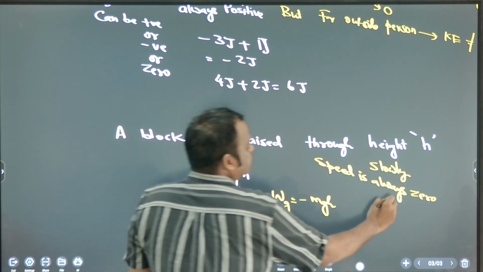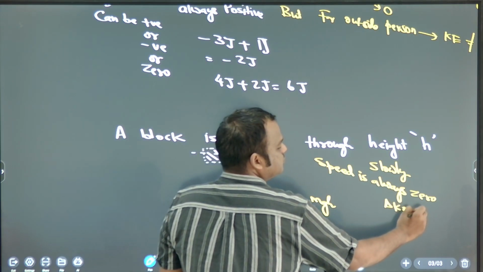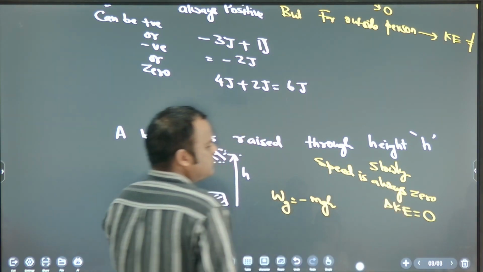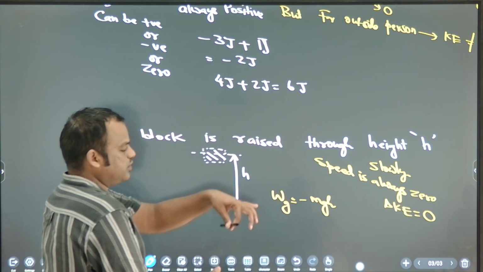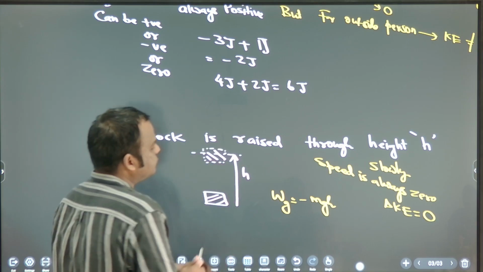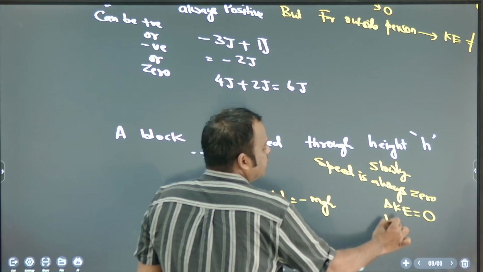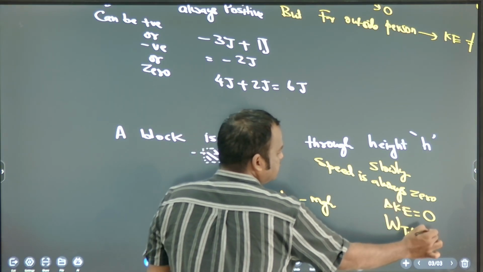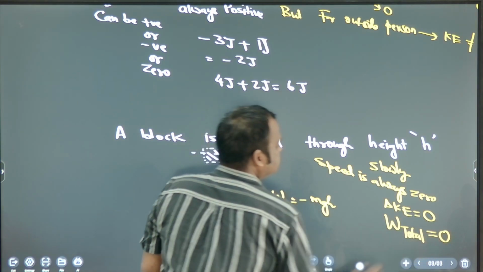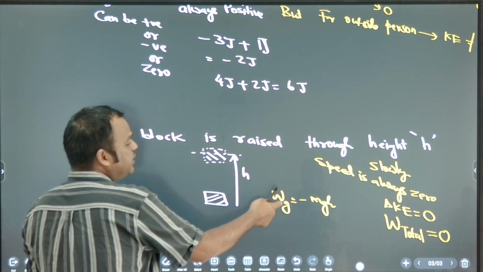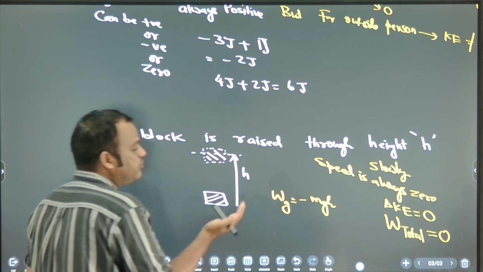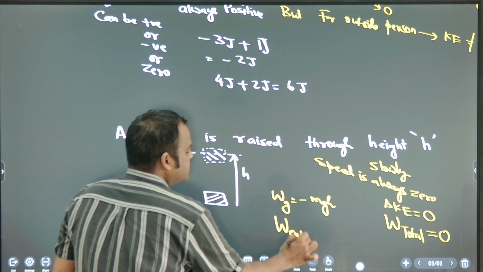So what is the change in kinetic energy? Zero. Total work done means change in kinetic energy. So what is the total work done? Zero. But the work done by gravity is minus mgh. So how much external work is done by me?